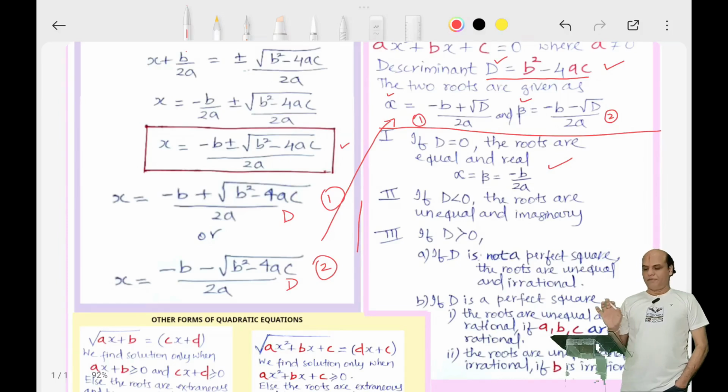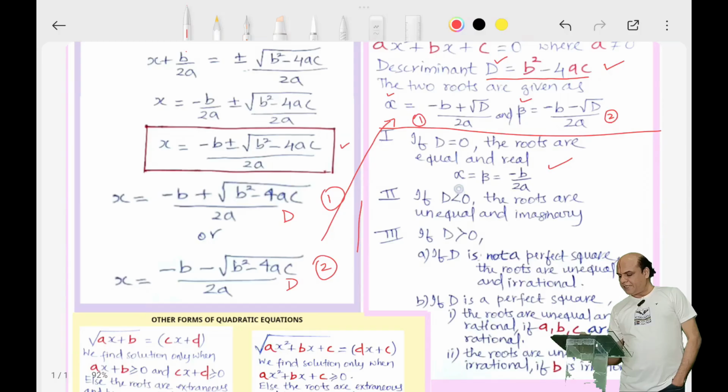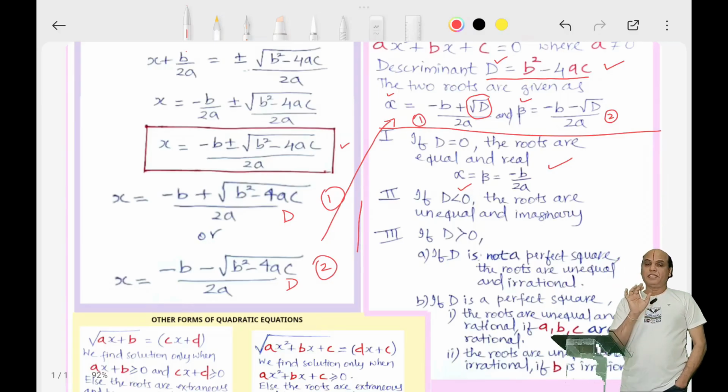So let us see what happens if it is less than 0. If D is less than 0, first we know that roots are unequal. Second, as we saw in the expression of finding the roots, we are taking square root of D. So when D is less than 0, when is D less than 0?